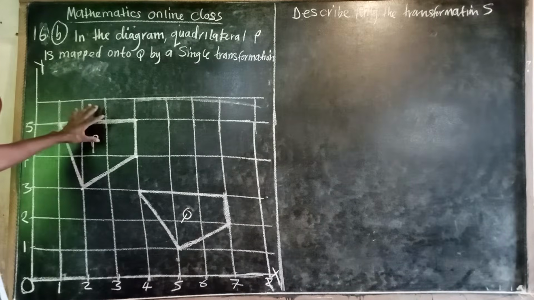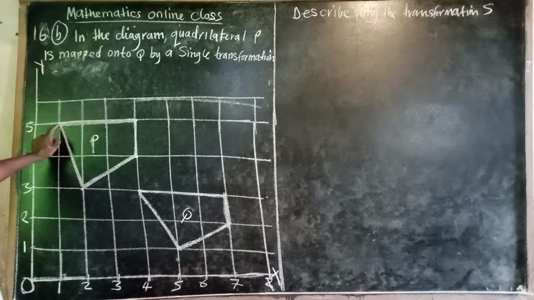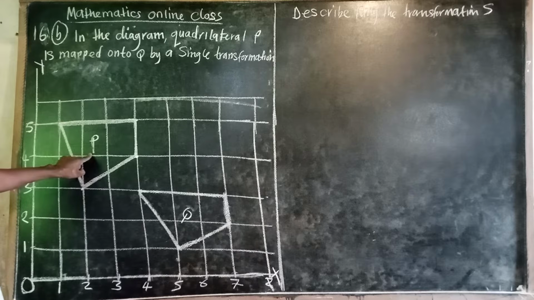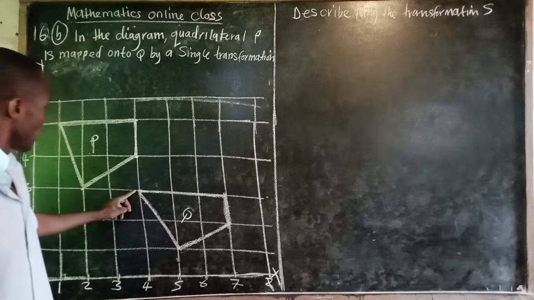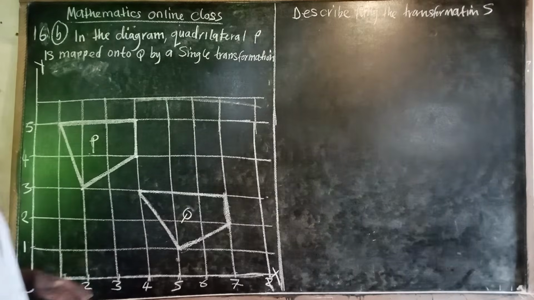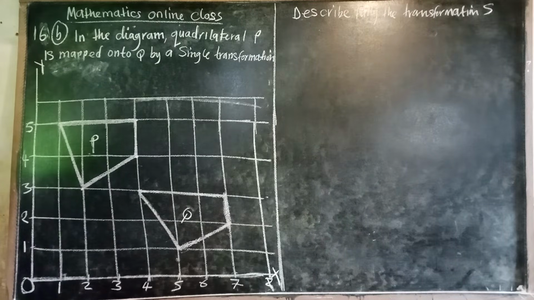So on this Cartesian plane, we have this shape, which is named after letter P. Then we also have another shape here, which is named after letter Q. Okay, so now the question says, describe fully the transformation S. The transformation S. So we have to describe the transformation that is taking place here.